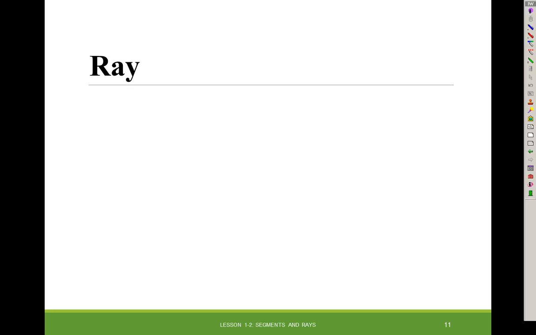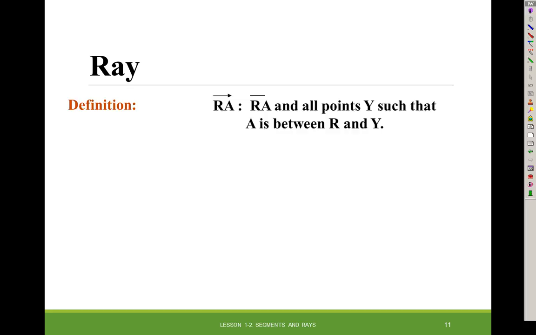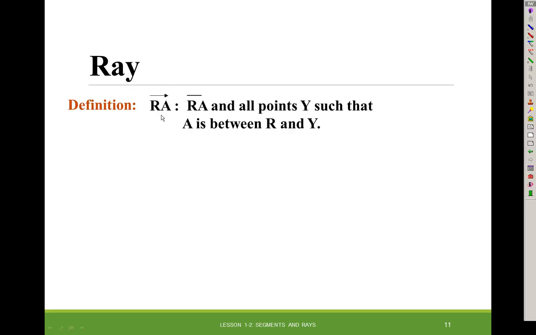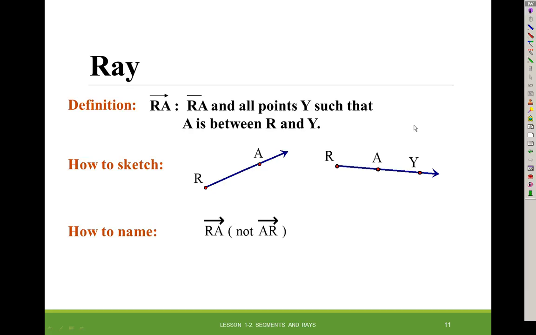Our next vocab word is a ray. Ray RA. It has one arrowhead pointing to the right. This is segment RA and all points Y such that A is between R and Y. And you can draw it like this.